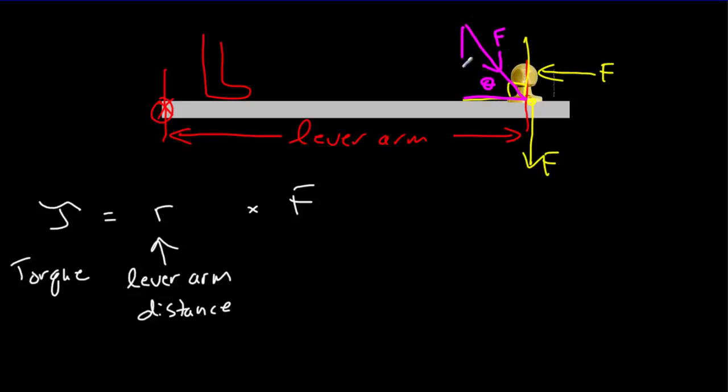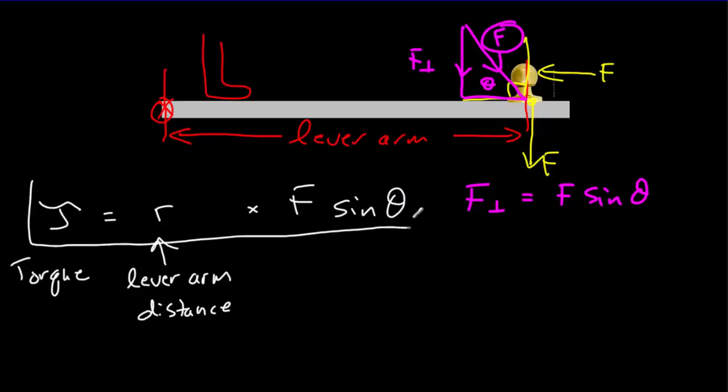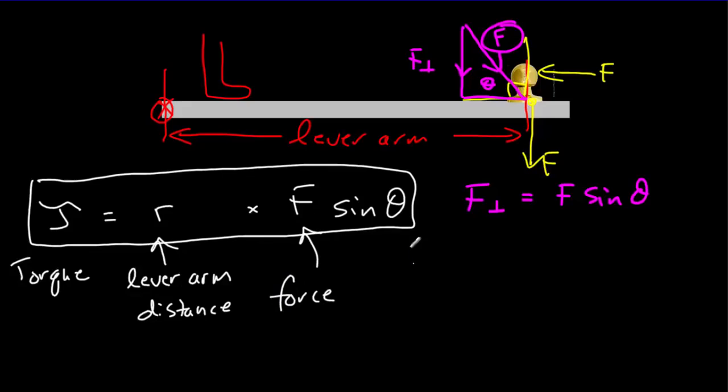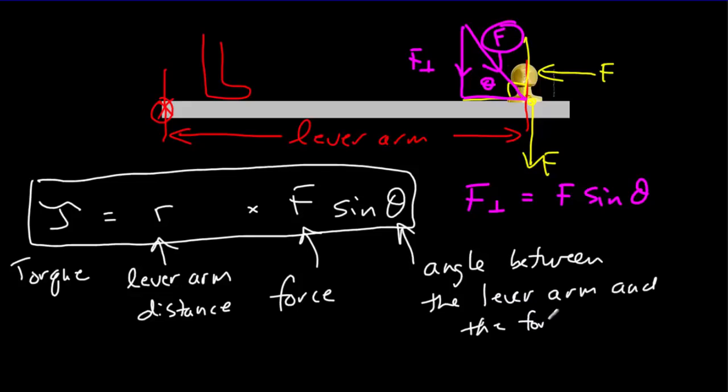Then we'd only get to keep this component here, that component F perpendicular. And since F perpendicular is opposite the angle, F perpendicular is going to be equal to the force times the sine of that angle theta. So our formula for torque is going to be R times F times the sine of theta. F is the force, and theta is the angle between the lever arm and the force.